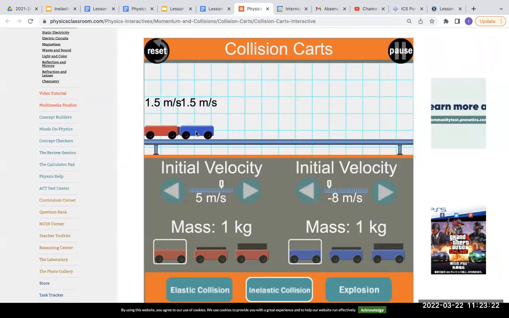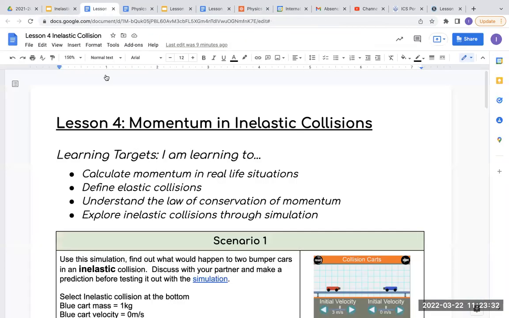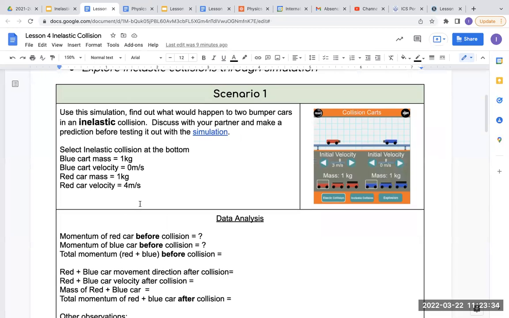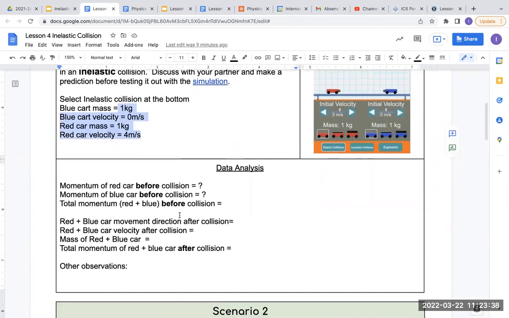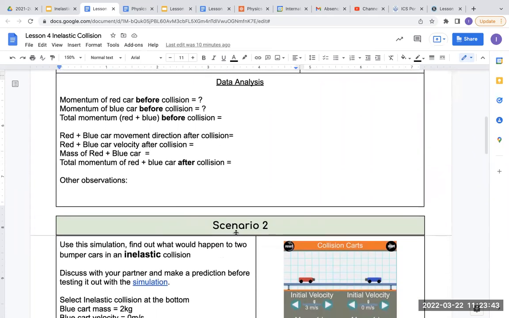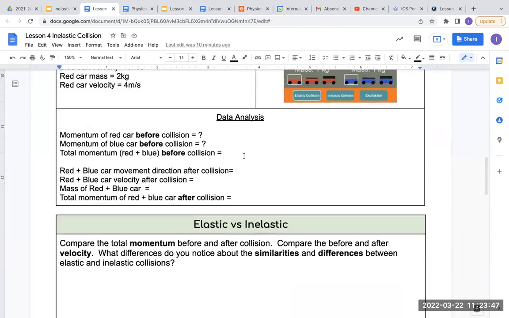It's usually represented as the cars being glued together, and there will be some loss in kinetic energy. So follow the instructions, set the values according to these numbers here, and then do your data analysis. We'll look at the momentum before and after collision, and you'll draw some conclusions on that.